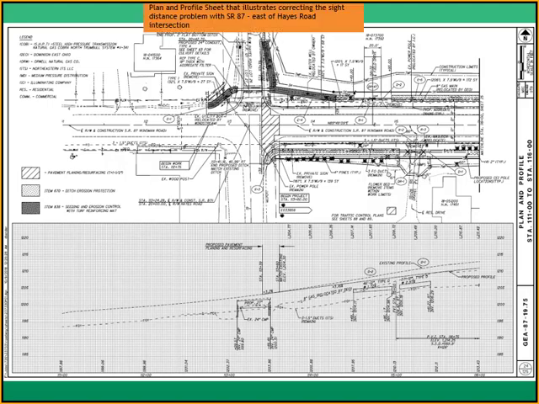This particular sheet is at the intersection of State Route 87 and Hayes Road. The top represents a flat plane, which would be your typical sheet, and the bottom represents a vertical profile plane.